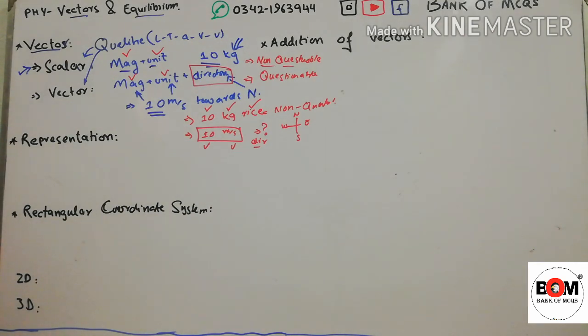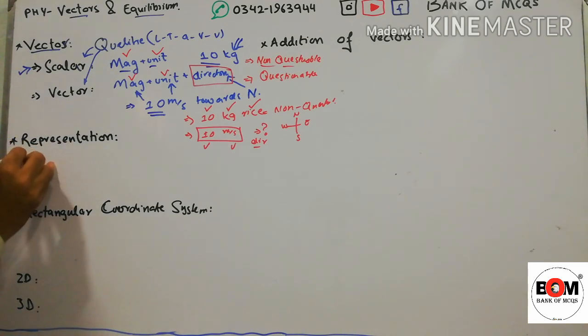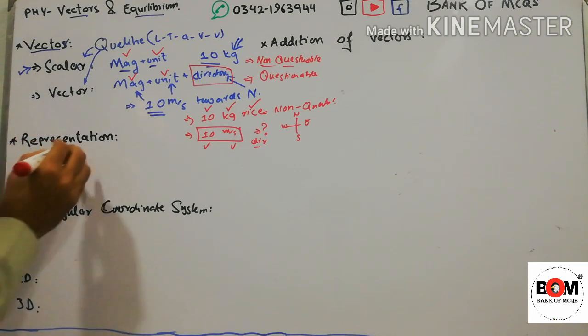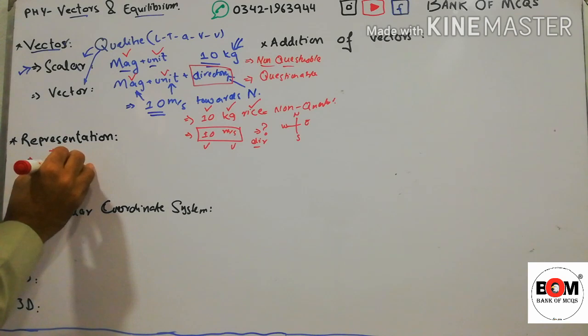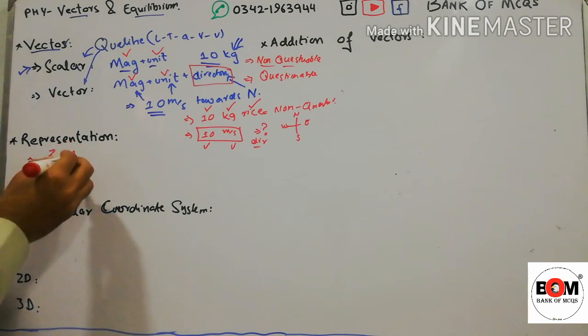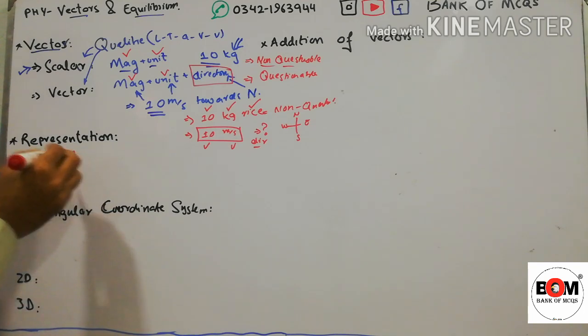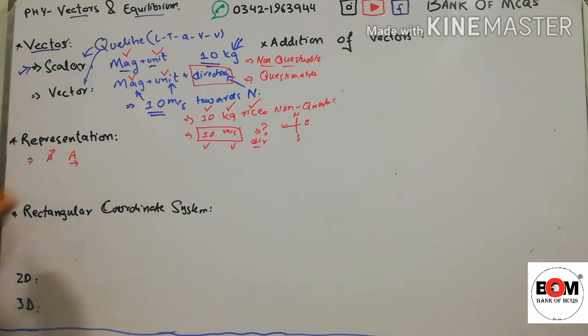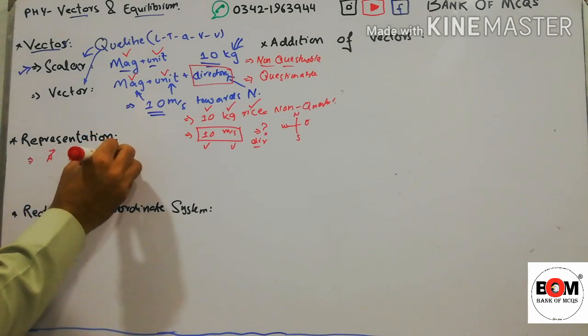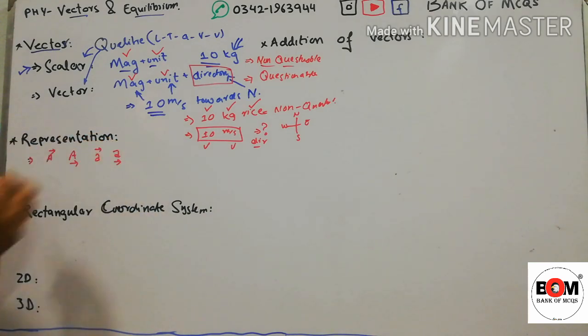The next step is representation. There are many ways to represent a vector. First, you can represent a vector by an arrow above a letter, or write a letter and draw the arrow below it. You can use a capital letter or a small letter. This is one way of representation.